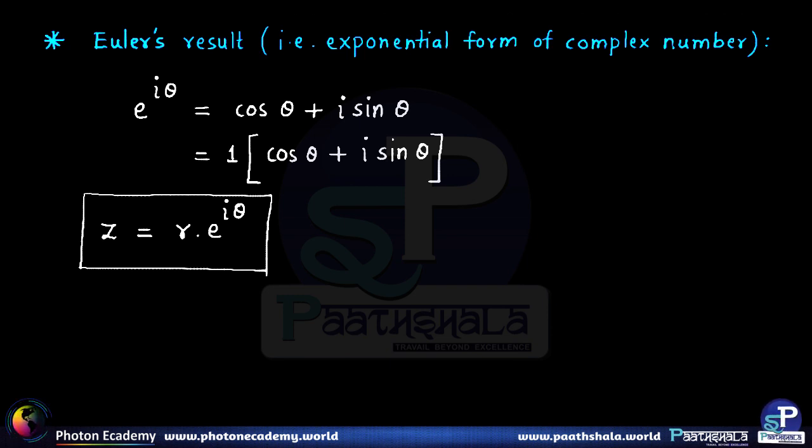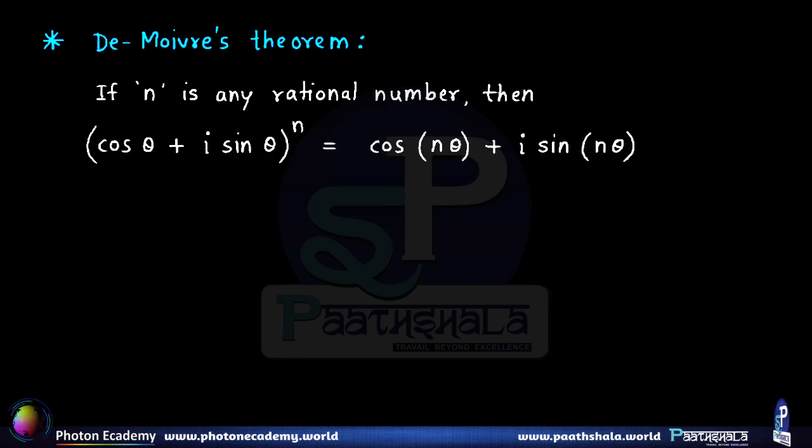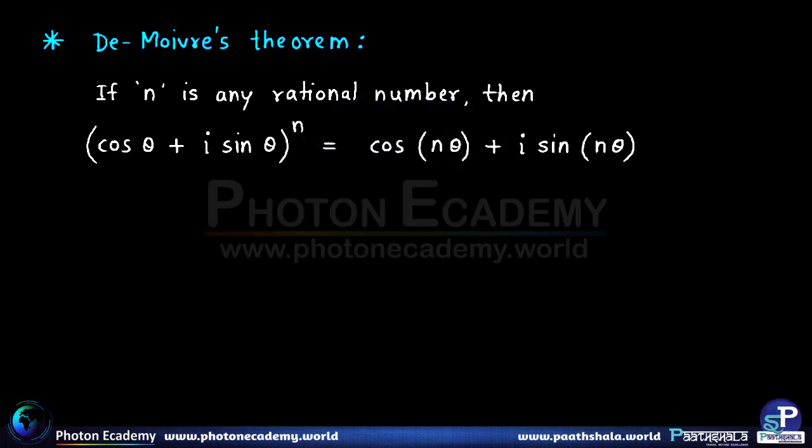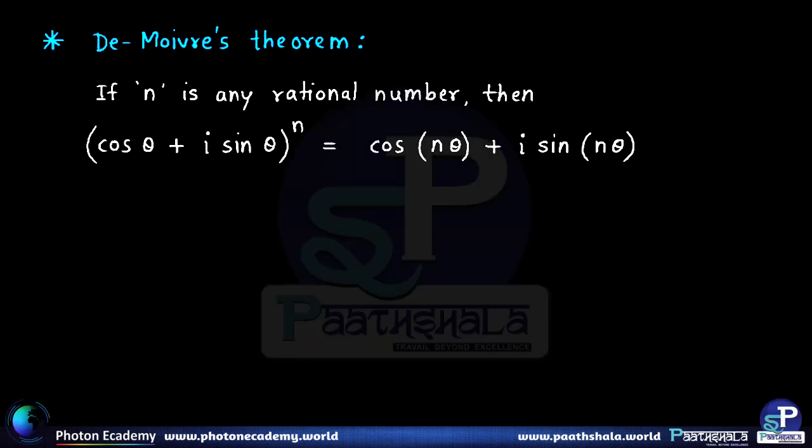Now let us move ahead and see one of the most important theorems in complex numbers, which is called as de Moivre's theorem, which states that if n is any rational number, then (cos theta plus i sin theta) whole raised to n is equal to cos of n theta plus i sin of n theta.